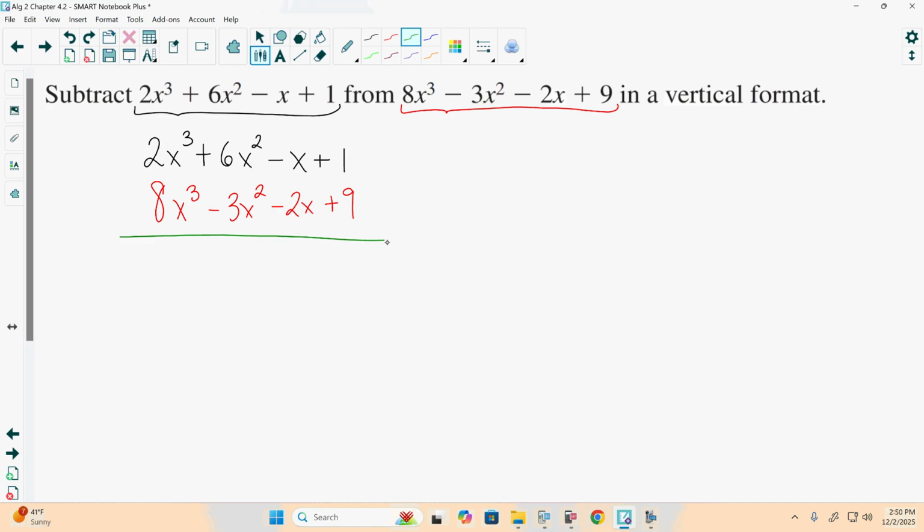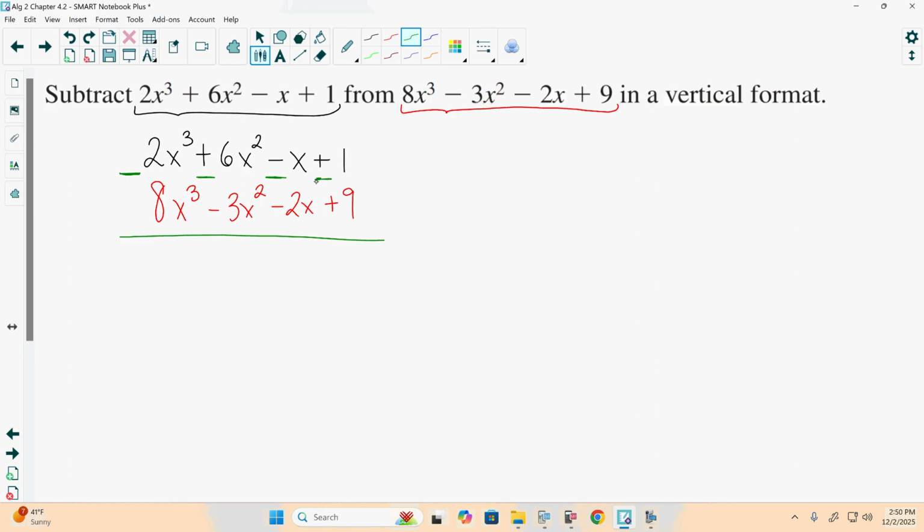Since x cubed was the variable with the biggest exponent, we would need an x cubed term, an x squared, an x, and a constant term. And since we're subtracting, I would put a subtraction sign between each of our like terms, just as a reminder to myself that we are subtracting all the way through.